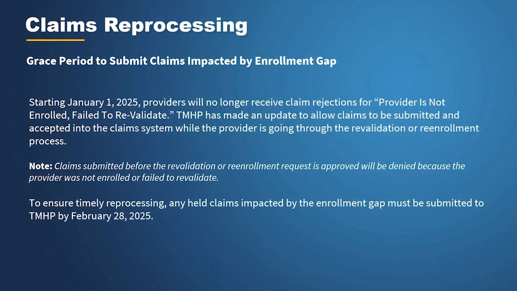Now claims can be submitted and accepted into the system while providers are in the revalidation or re-enrollment process. Important reminder, claims submitted before the revalidation or re-enrollment is approved will still be denied. To ensure a smooth and timely reprocessing, make sure any held claims impacted by the enrollment gap are submitted to TMHP by February 28th of 2025.